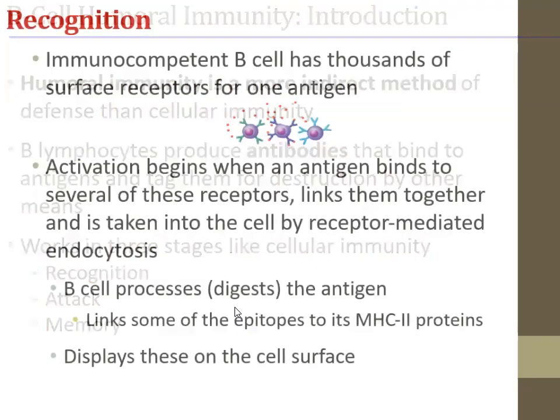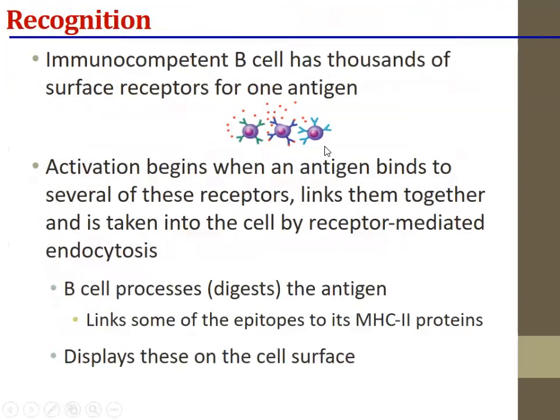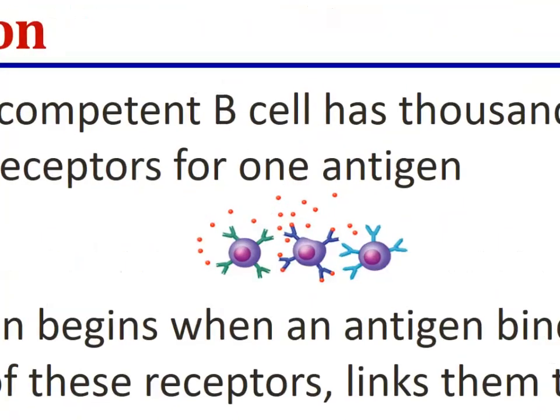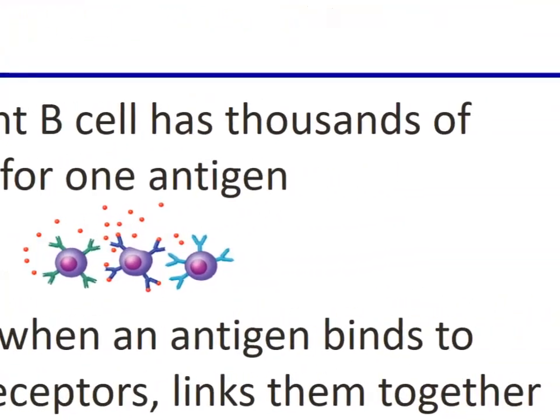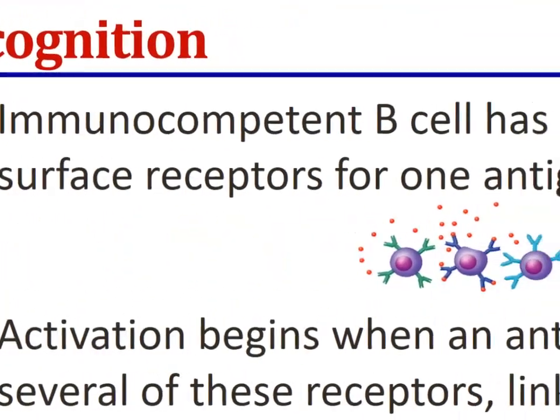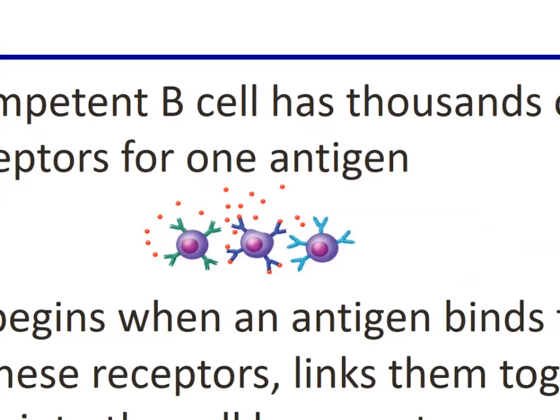Mess things up. Okay, so in this picture, this is a B cell. Right here, top. Let me blow it up. Immunocompetent B cell has thousands of surface receptors for one antigen.